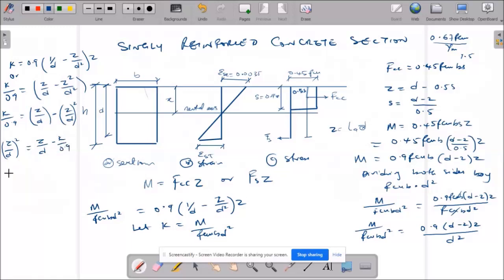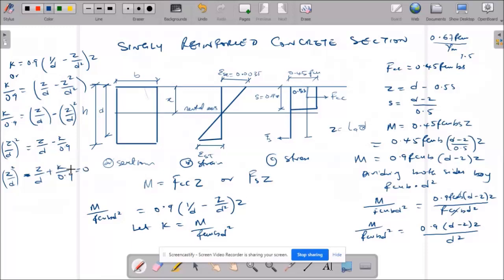So we can still make it Z squared over D is equal to, or minus Z over D plus K over 0.9 is equal to 0. So this looks like a quadratic equation.